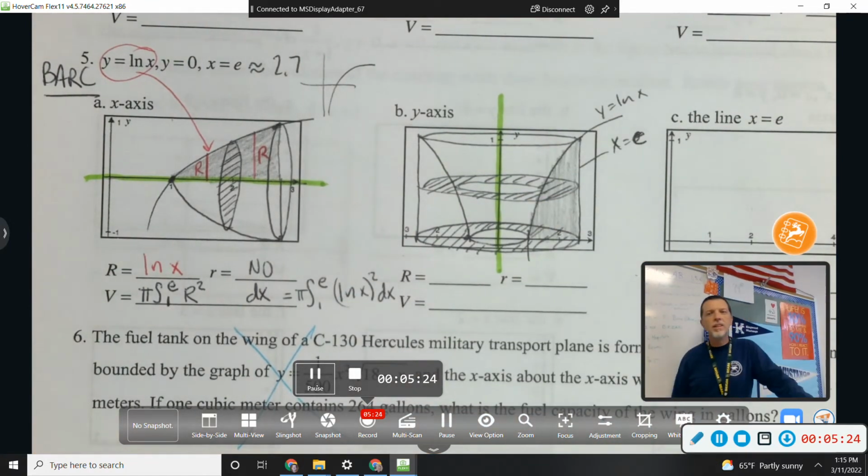Disc or washers? Washers. Definitely washers.